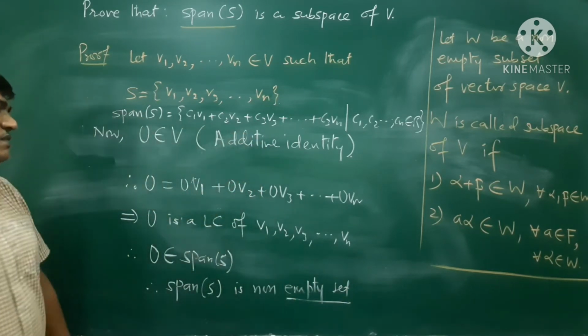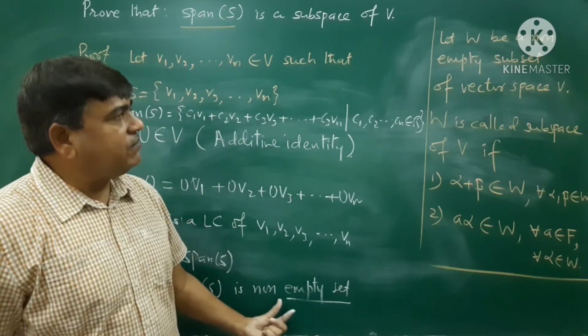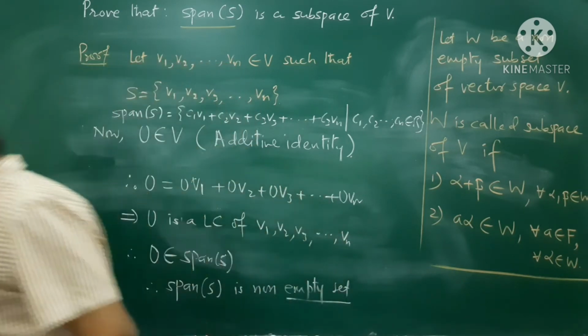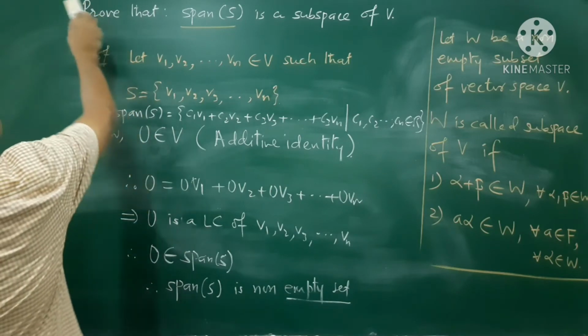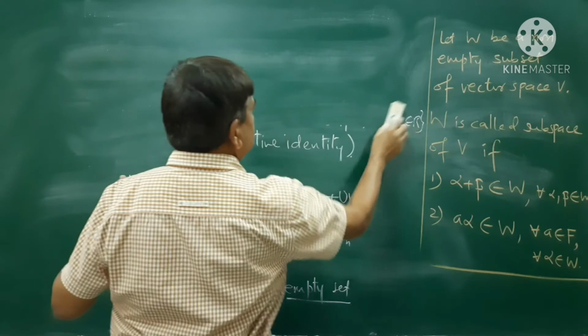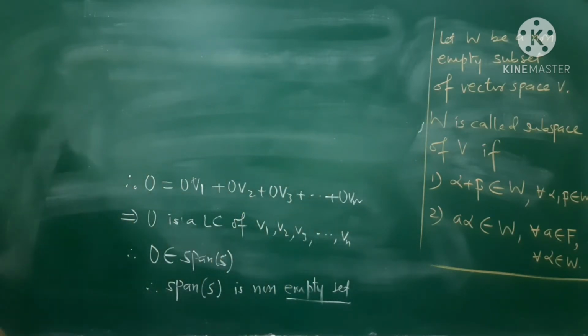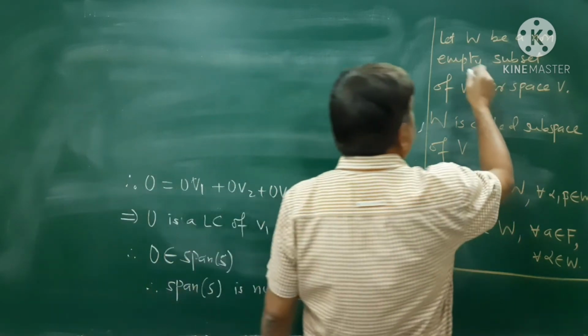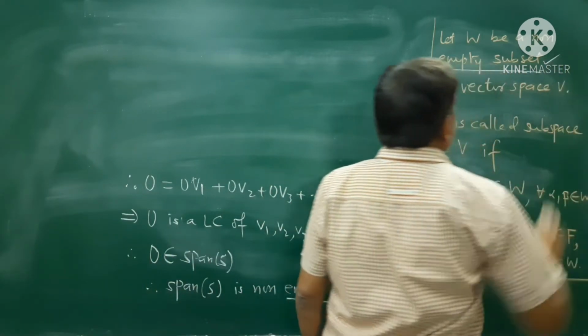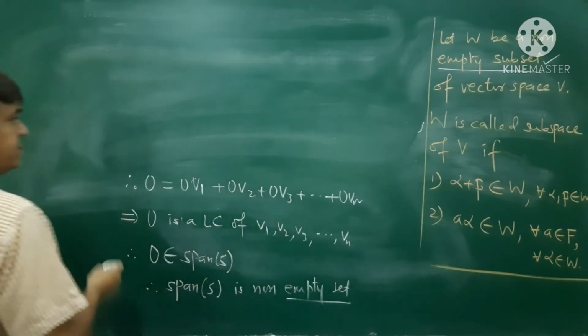So first we have proved that this is a non-empty set. So this part is done: a non-empty subset of V. Now we will prove these two. So let's see.